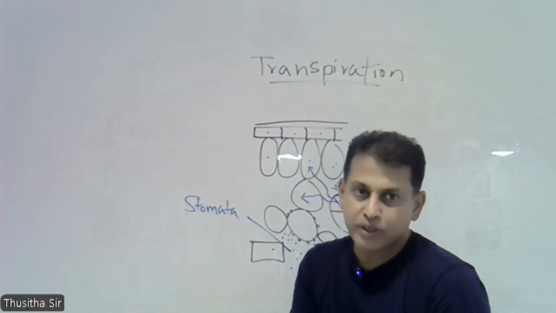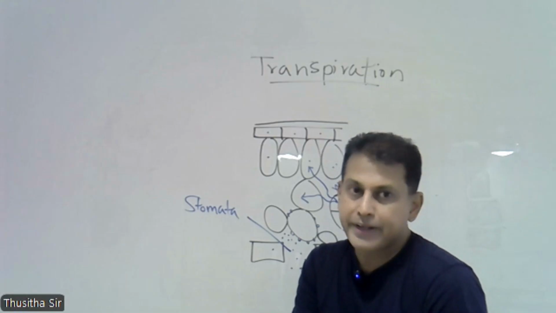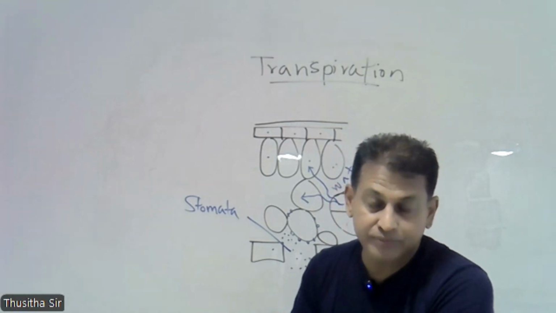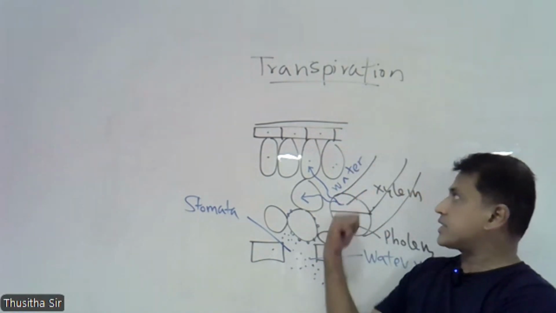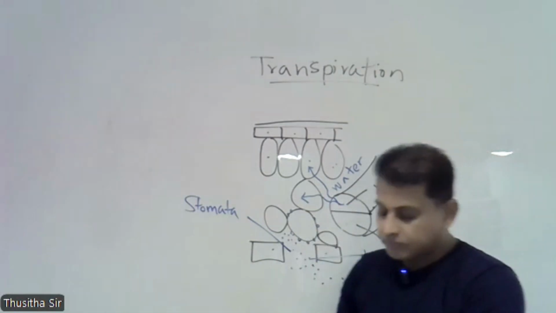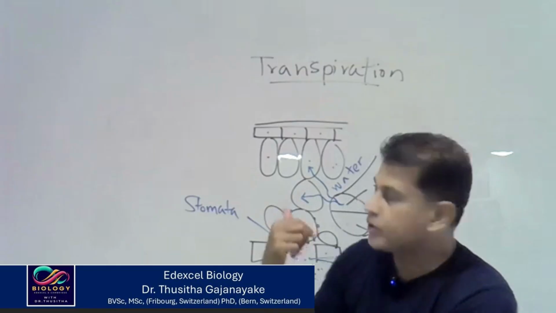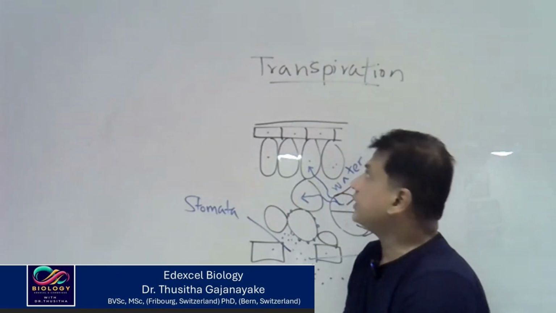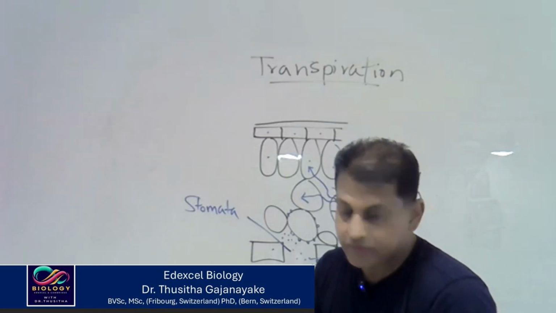Mostly both of them are organized together to make the vascular bundle, and we have seen how they organize in the root, in the stem, and in the leaf. So they make a continuous tube from the root to the leaf, and they can transport substances up and down based on what they transport.